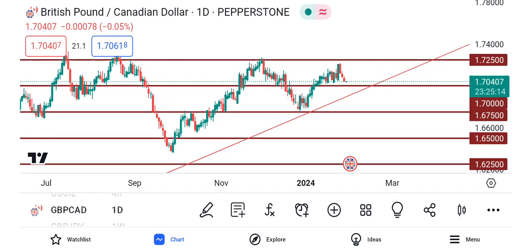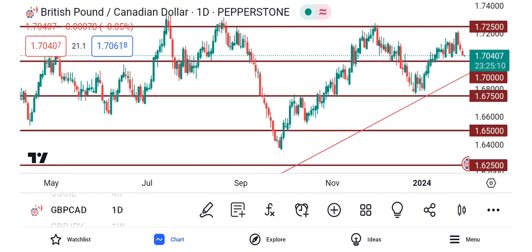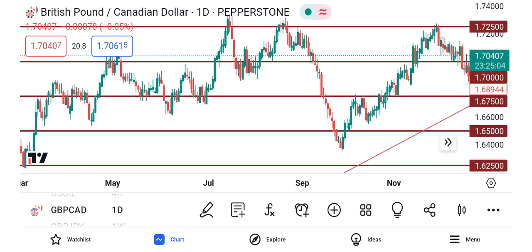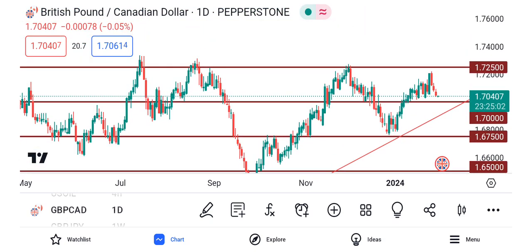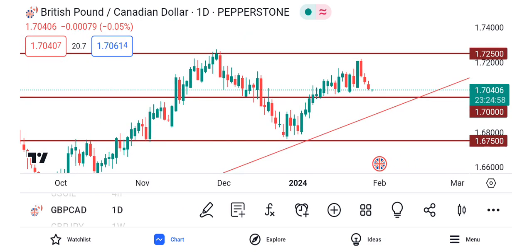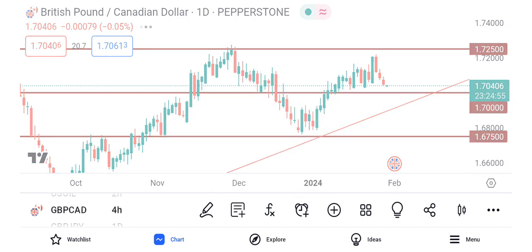Daily time frame. Then see how this market was respected by these psychological levels. With this quarter theory, the levels are being respected multiple times. It always works, guys. You see how it works. Then we go to the 4 hour. There's one thing I want to tell you guys.